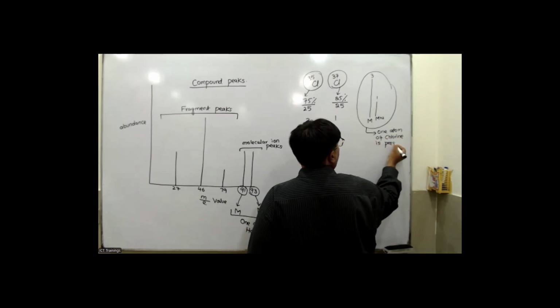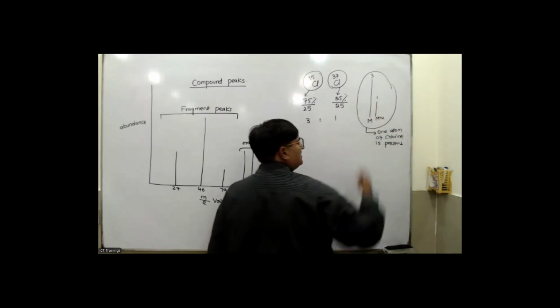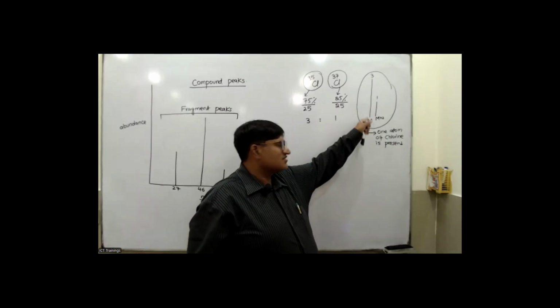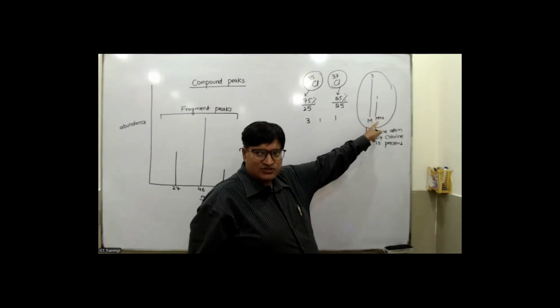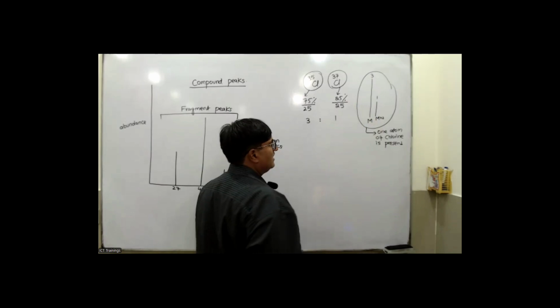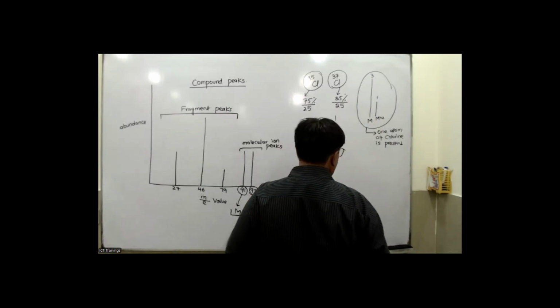If the heights of the two peaks are 3:1, the M peak being 3 times and the M plus 2 peak one time, it means you got one atom of chlorine in the compound.